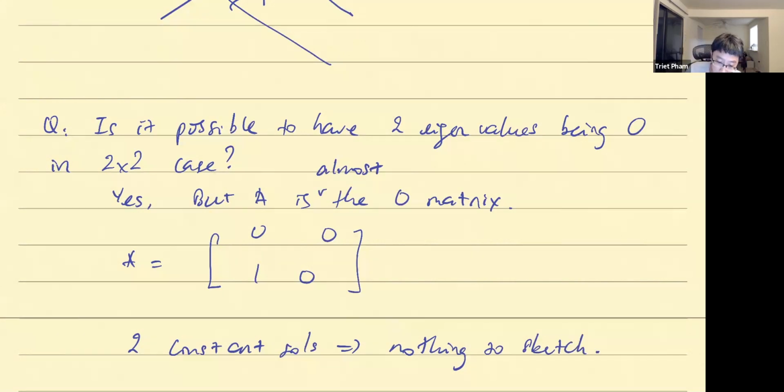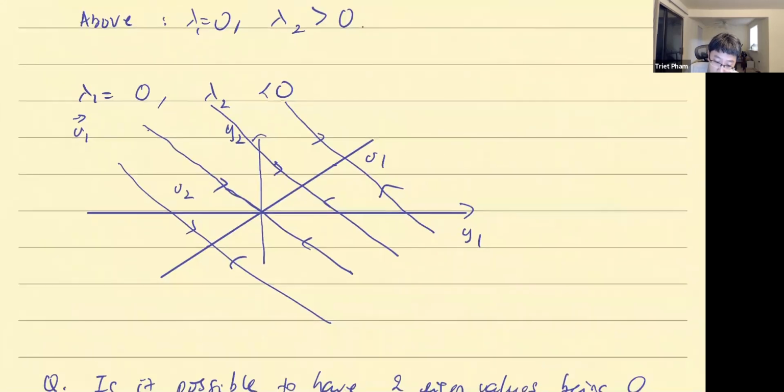So again, what we discussed so far rounds off all possible sketching for all different cases of eigenvalues and eigenvectors. Of course, this is only for 2x2, and it generalizes to high dimension. The key concepts, for complex eigenvalue, for repeated eigenvalue, for 0 eigenvalue, can be carried over into the high dimensional case.